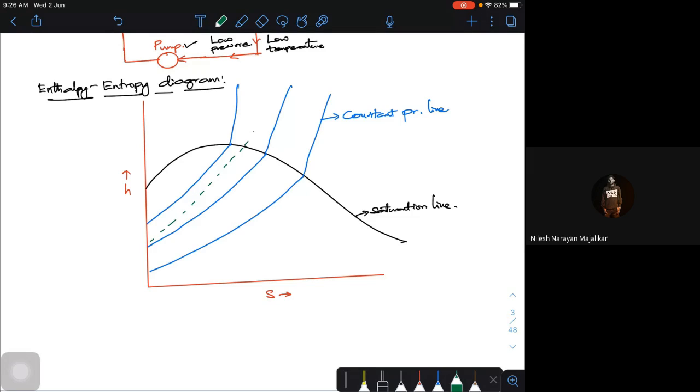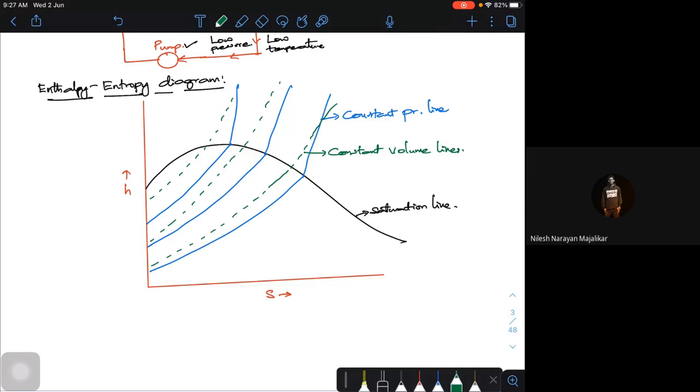Okay, the constant volume lines also will be going in this fashion. You can just have a look into those lines actually. These are constant volume lines, or they are also called specific volume lines.